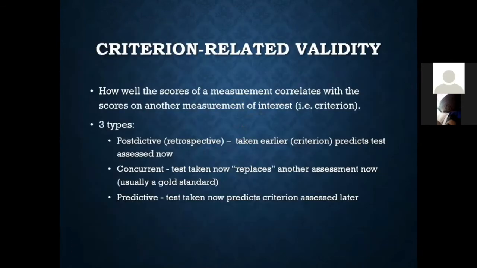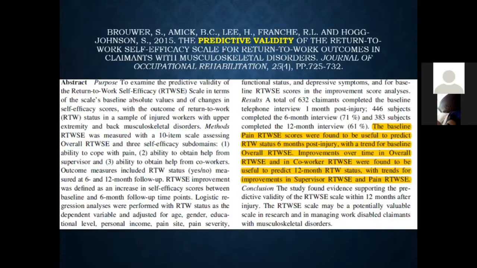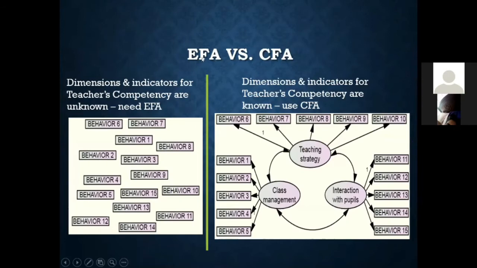I just want to share about the difference between EFA and CFA. EFA is exploratory factor analysis. CFA is confirmatory factor analysis. In EFA, the dimensions and indicators for teacher competency are unknown, because we will just have our questions ready, let's say 20 questions, but we don't know the sub construct or domain that can group all the specific items.